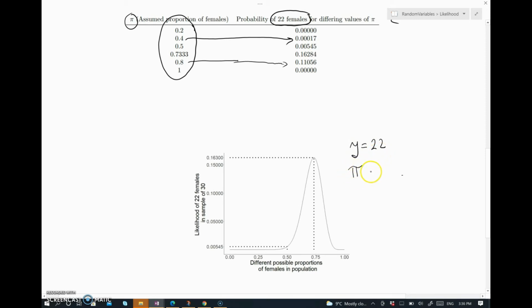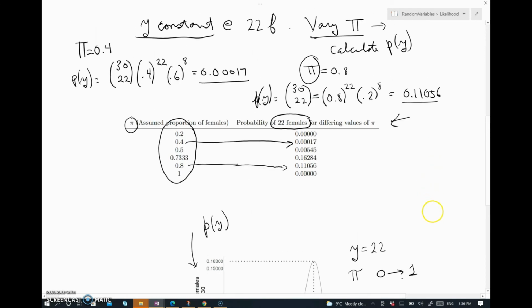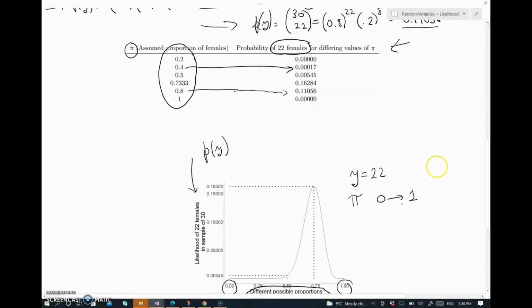Pi, the proportion of females in the population, is going to go from 0 to 1, and that's a continuous variable, and that's what's shown on the horizontal axis. So on the horizontal axis, we've got the proportion of females going from 0 to 1, and on the vertical axis is P at Y. That's calculated as we showed here.